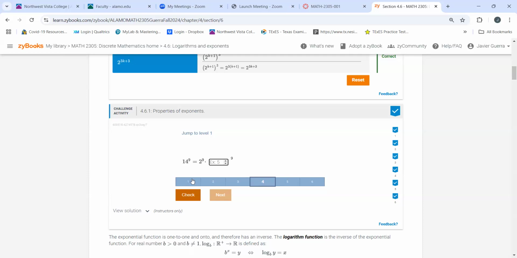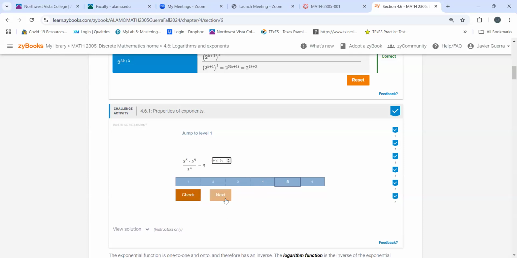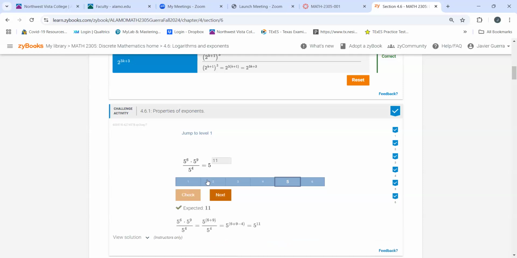So I'm thinking that might have to be a 7. Is that correct? Next, 5 to the 6th power times 5 to the 9th power. I have to add those, so that is 15. 5 to the 15 divided by 5 to the 4th, I have to subtract, so that should be 11. Awesome.